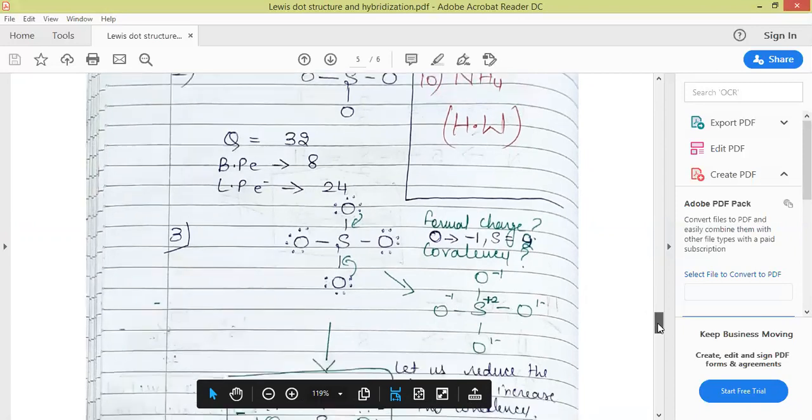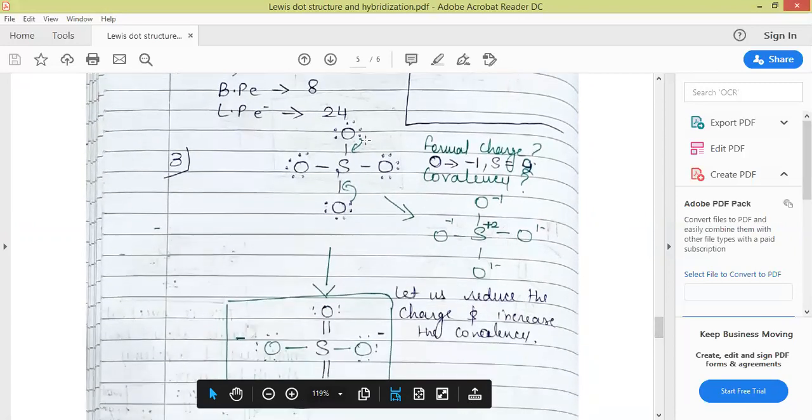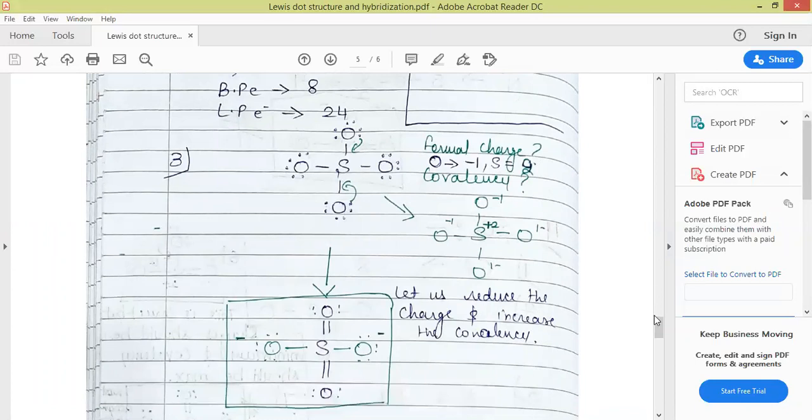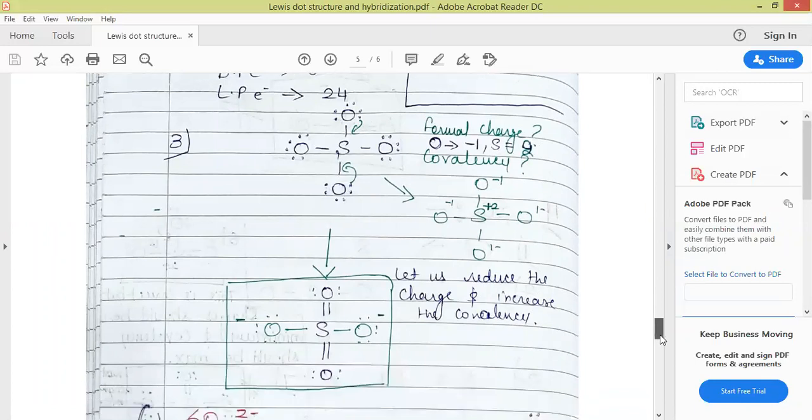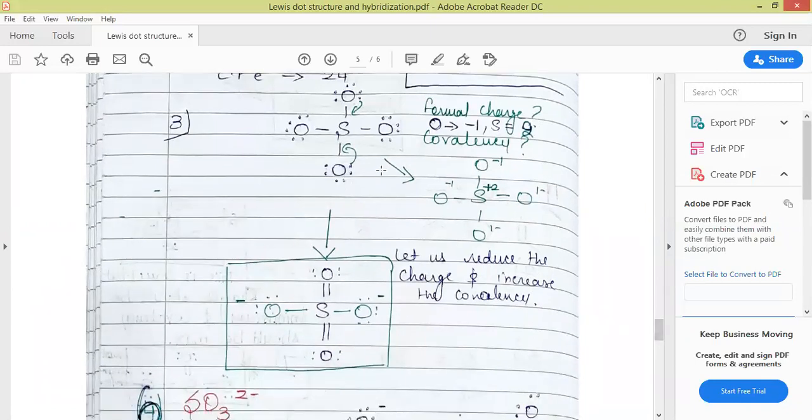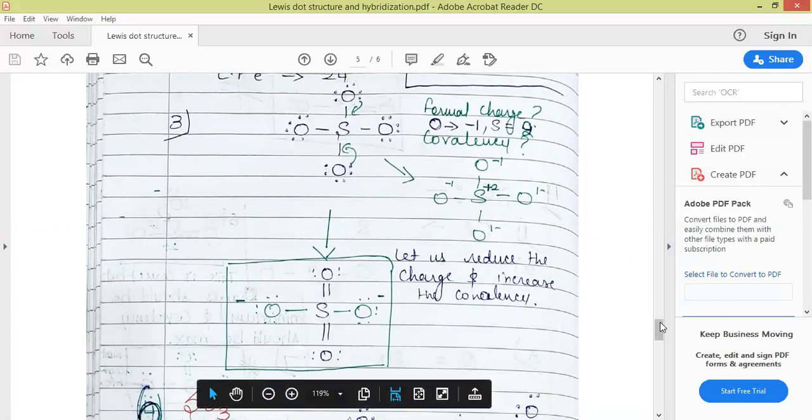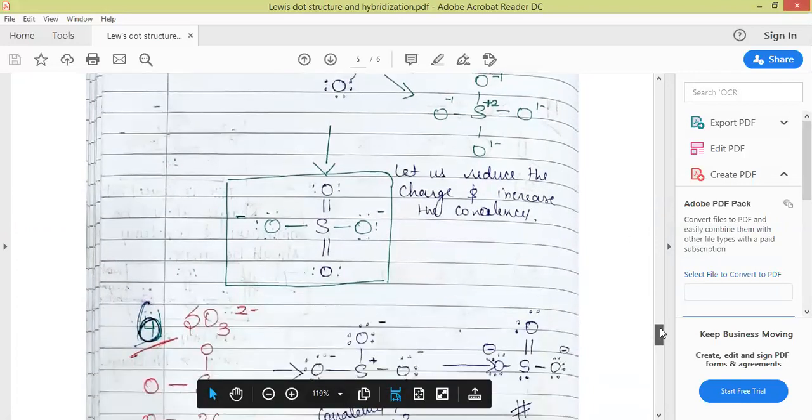So what we'll do is shift 2 lone pairs to make 2 double bonds. Here we'll also check the covalency. Covalency of sulfur here is 4. So we can extend its covalency by converting the single bonds to double bonds, extending its octet from 8 to 12.